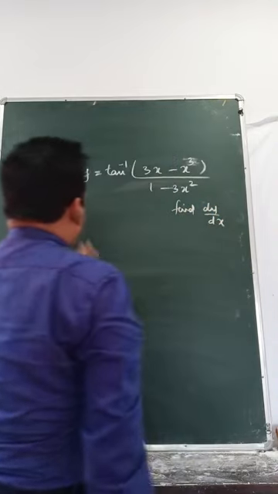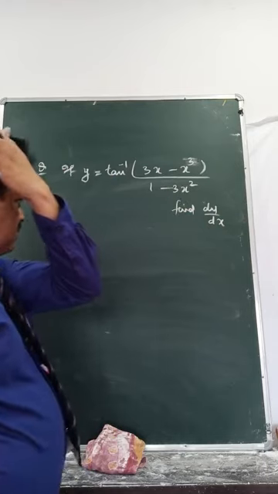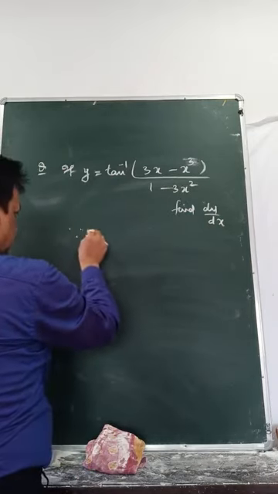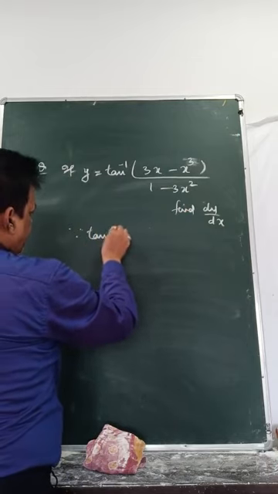Okay, look at the tan formula. If you look, you can find a relation like this: tan 3 theta.